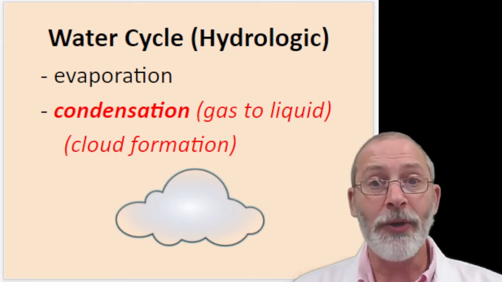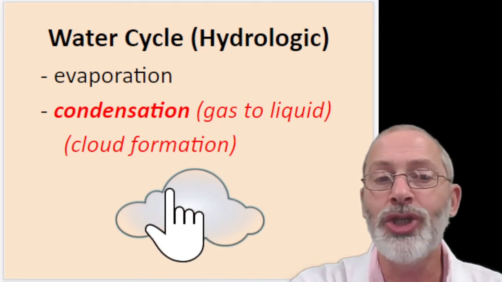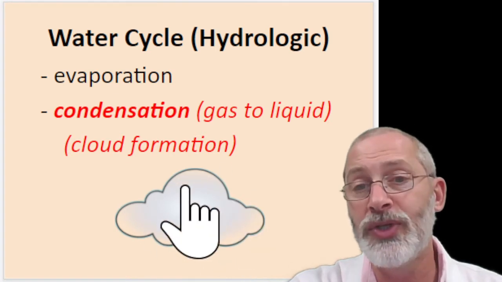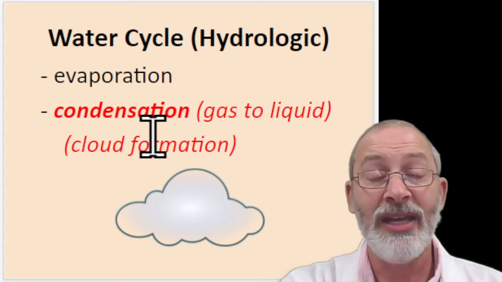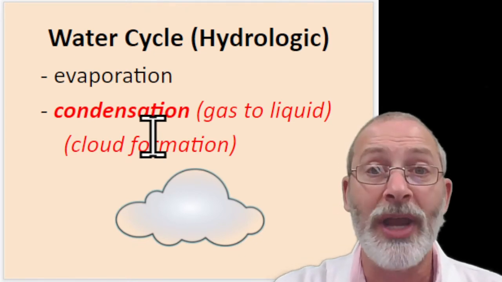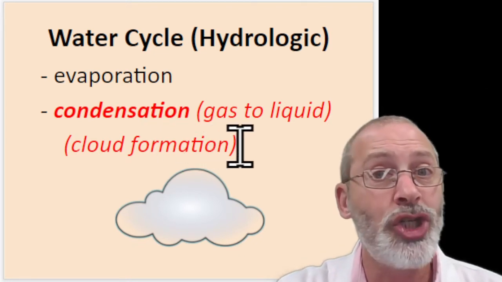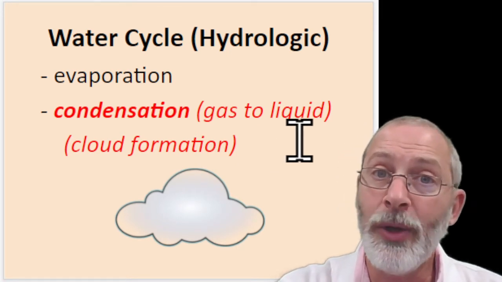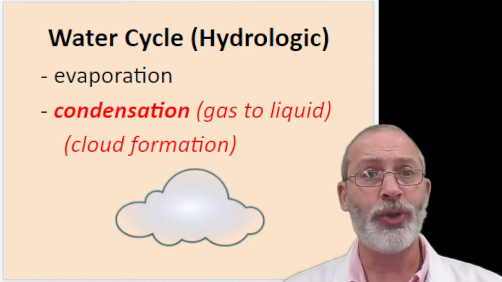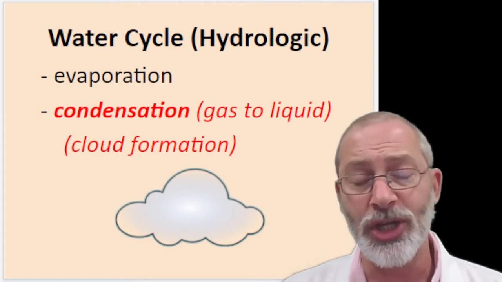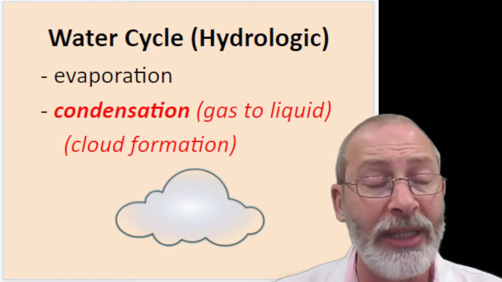And as a result, we get the formation of clouds due to condensation. Condensation is what happens when a gas changes back to a liquid. So, evaporation, we go from a liquid to a gas. Condensation, we're going from a gas back to a liquid.